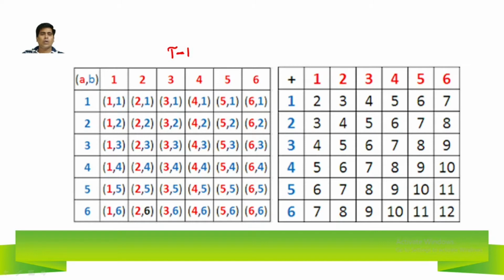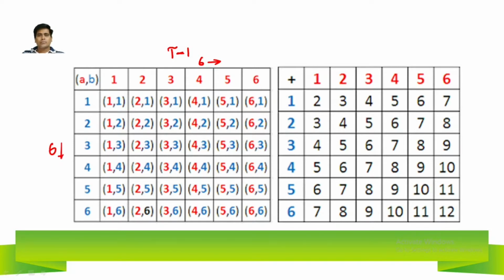You are seeing table number 1. The outcomes are 1 1, 2 1, 3 1, 4 1, 5 1, 6 1, and 1 2, 2 2, 3 2, 4 2, 5 2, 6 2, and 1 3, 2 3, 3 3, 4 3, 5 3, 6 3, and so on up to 6 6. So this is table 1. It shows that you are getting a total of 36 outcomes. This is 6 into 6: these are 6 numbers here, and we have 6 more numbers here. Total 36 outcomes we have.